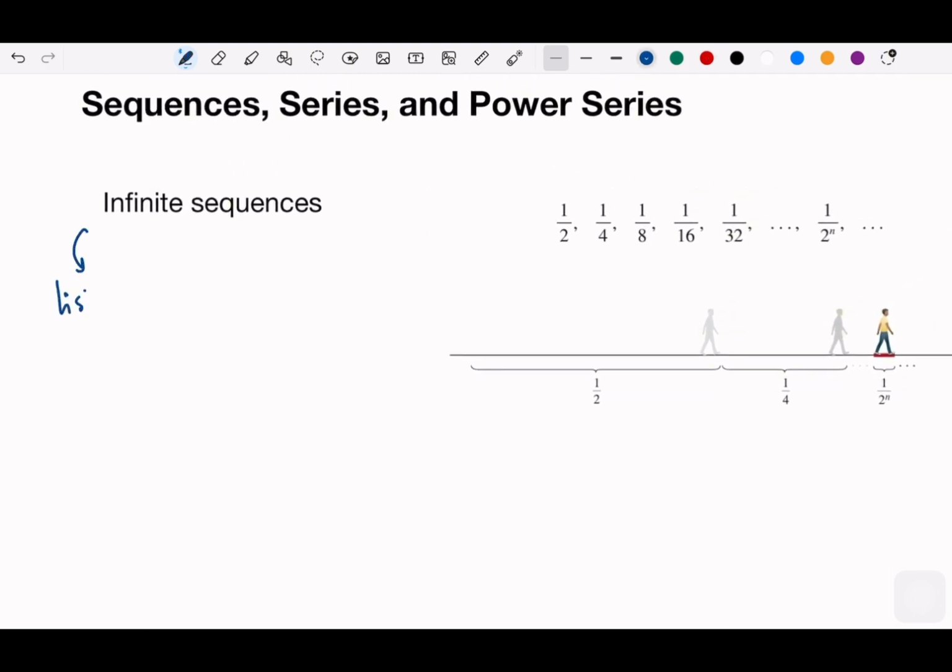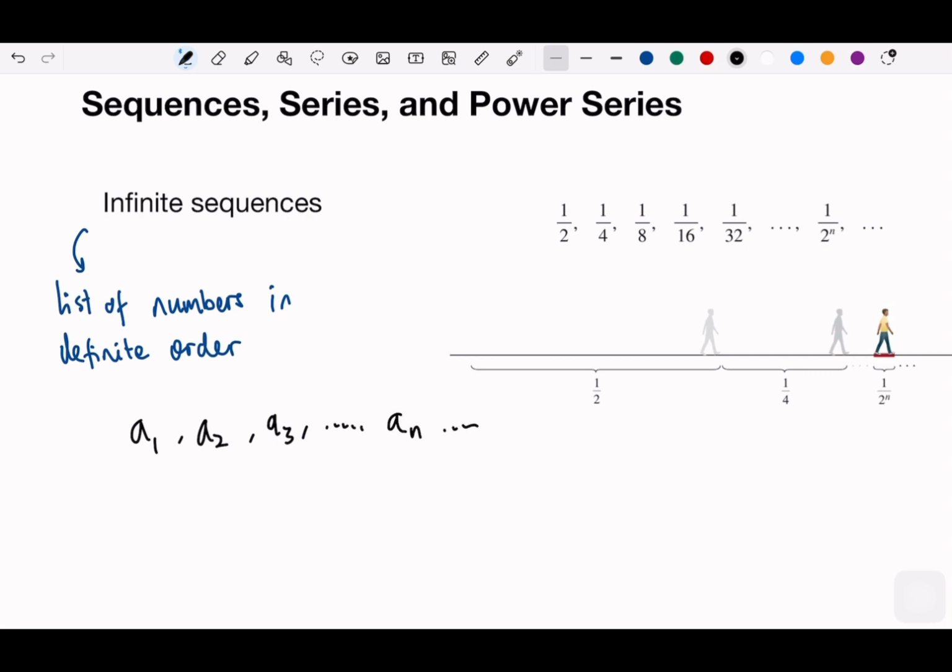So a list of numbers in definite order. Usually or generally we write this as A1, A2, A3, and so on and so forth until some AN.